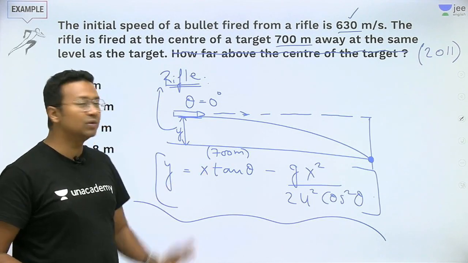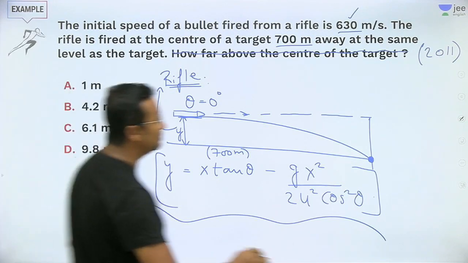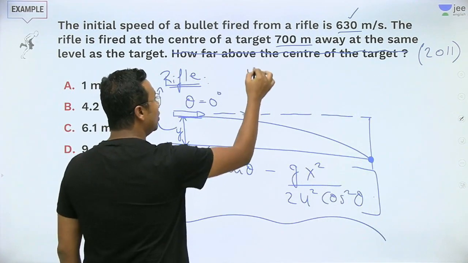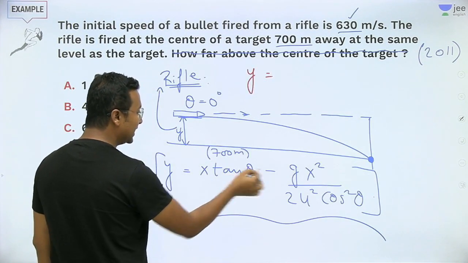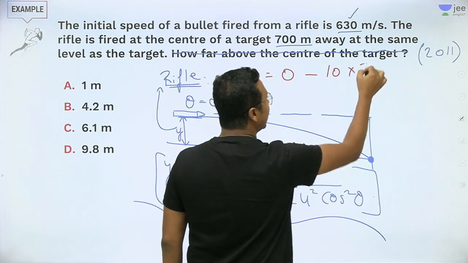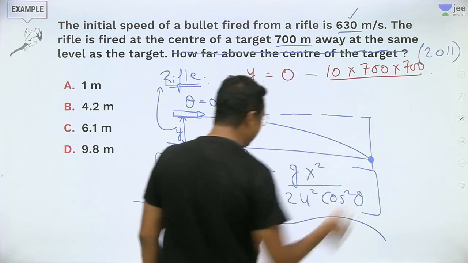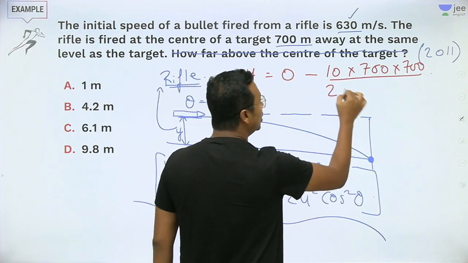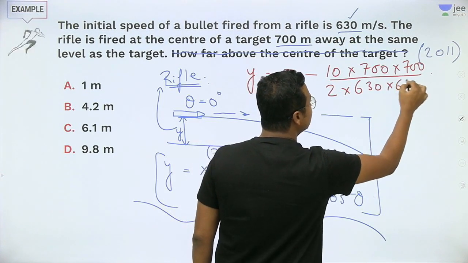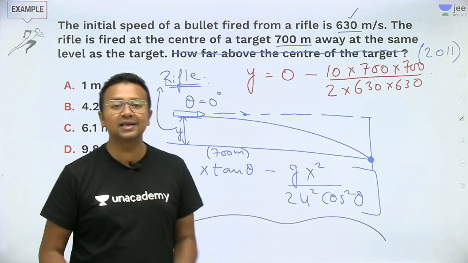Now we don't have to do anything. Just simply put down the values and you'll get your answer. Let me put it out here for you. y will be equal to tan of 0 degree, which is 0, minus 10 times 700 square, divided by 2 times 630 into 630, and cos square 0 degree is equal to 1.